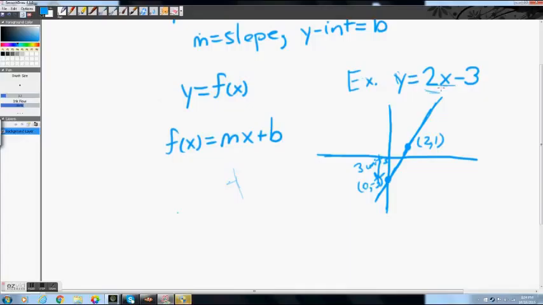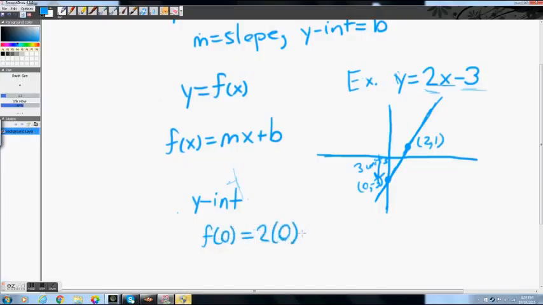Okay. So now let's look at this a little longer. We're going to look at x-intercepts and y-intercepts. So, the y-intercept, remember, of course, is going to be negative 3 from the y equals mx plus b form. But y-intercept is when x is 0.